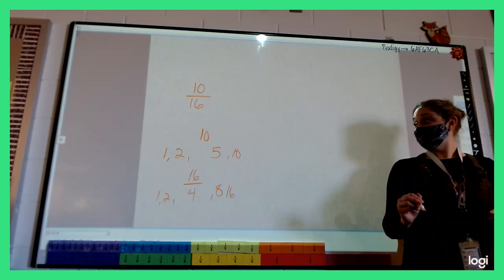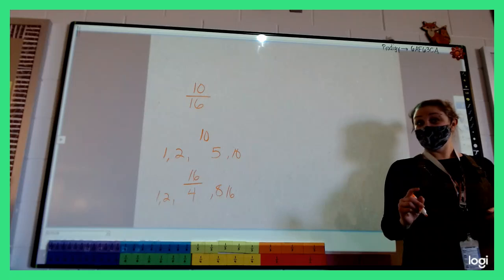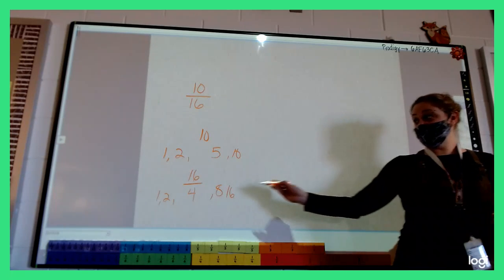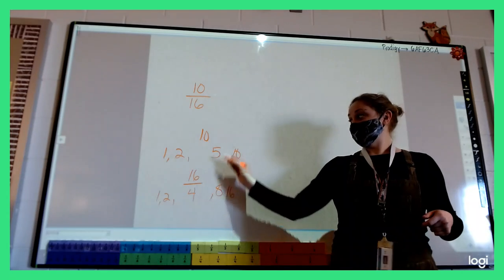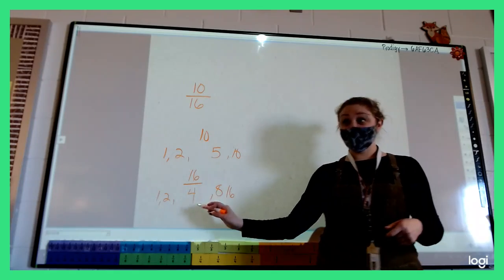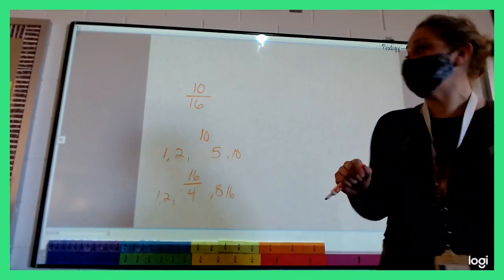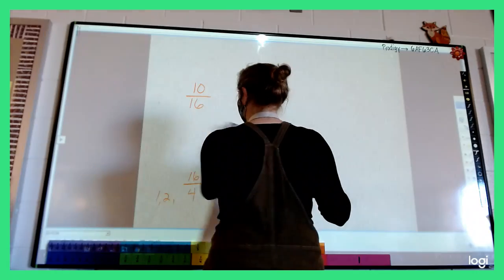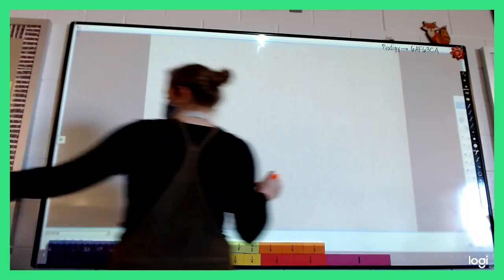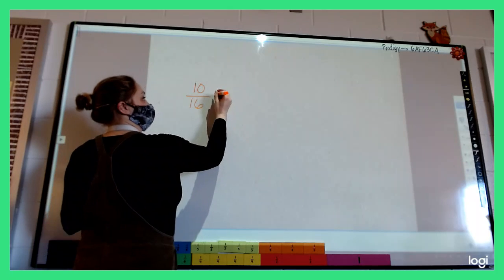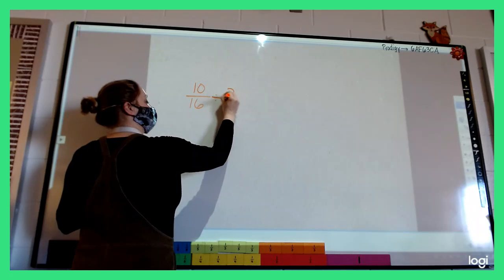Josiah? 4. Are you sure? Is 4 common to both numbers? No. So I can't do 4. I have to do 2, okay? 2 is very trusty. You can always use it. So let's erase all this, get it out of our way. Everyone on your board, divide 10/16 by 2 over 2.